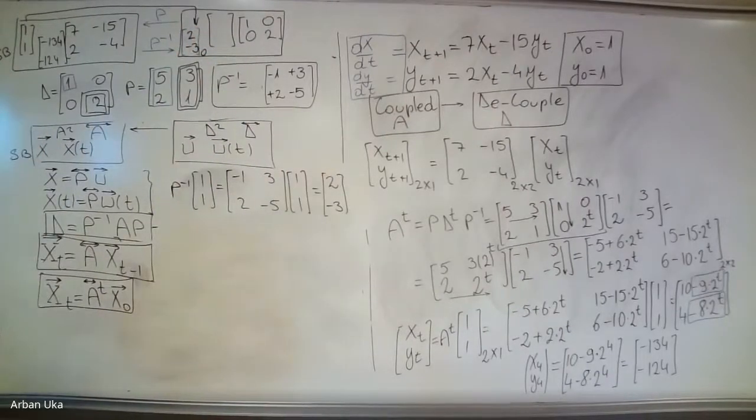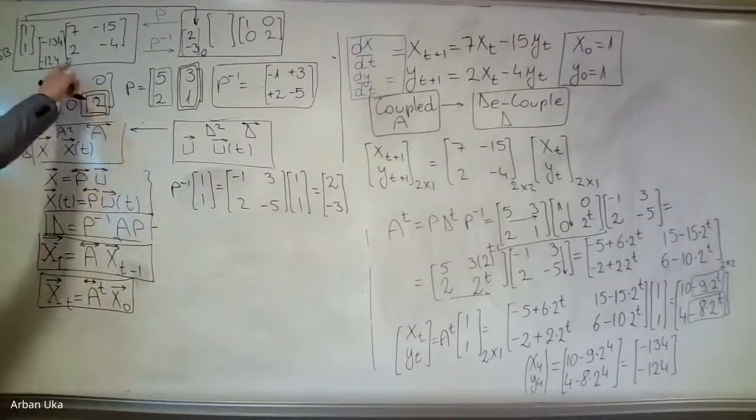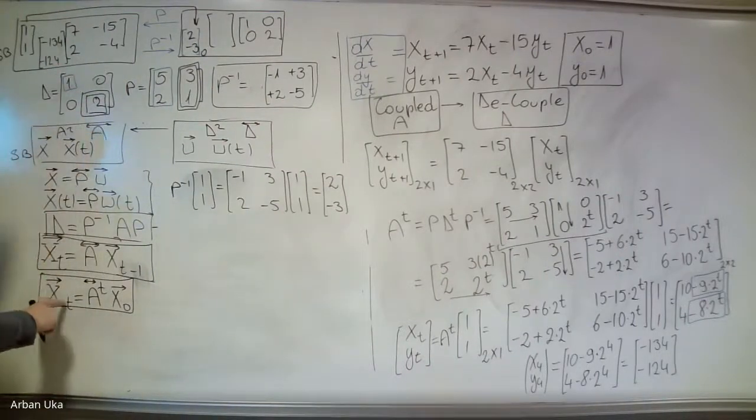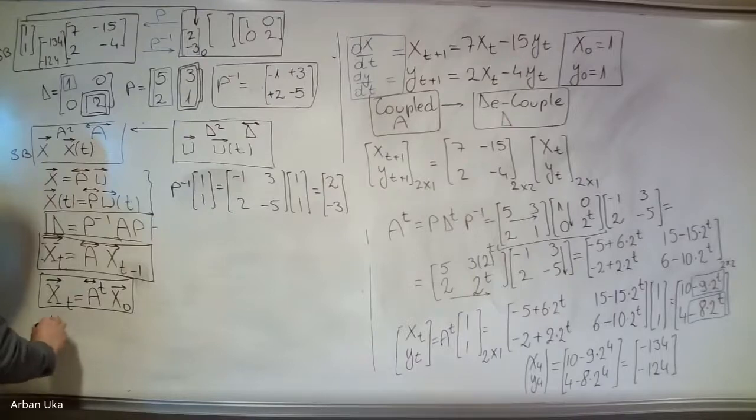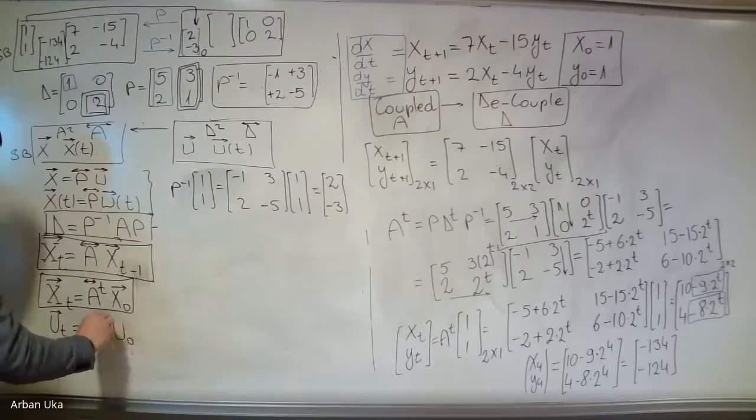And then what we can also try to find is the following. If we have, in the standard basis, that x_t is equal to A^t times x0, we can also assume that we have a vector u, which is equal to D to the power t times u0. Okay?